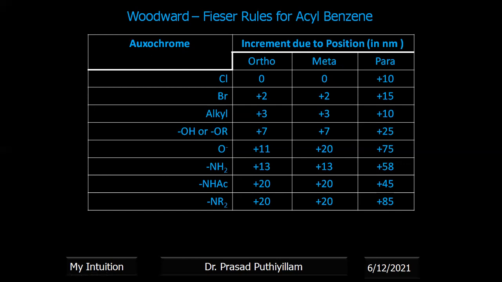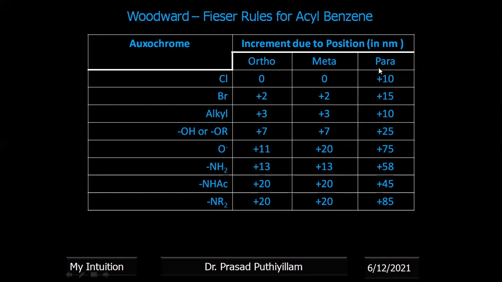So I'm explaining the prediction of lambda maximum given by the Woodward-Fieser rule, for an aromatic compound, acyl benzene as an example. The remaining are given in increasing order in the first column for ortho; in the second column it is increasing accordingly, only the oxide ion case is plus 20 here, so some variation is there.